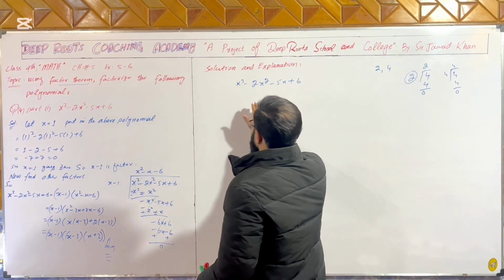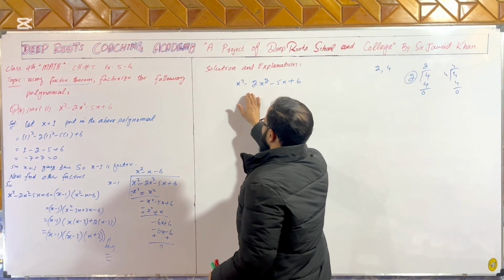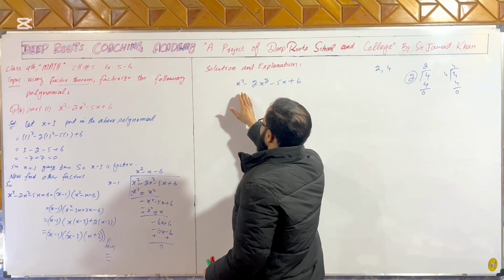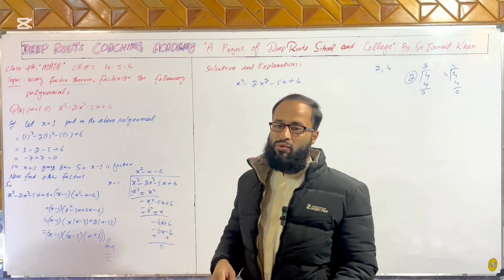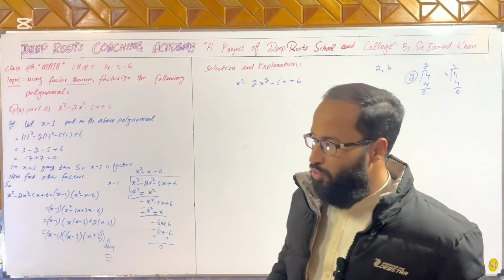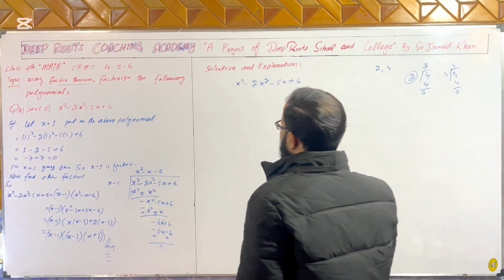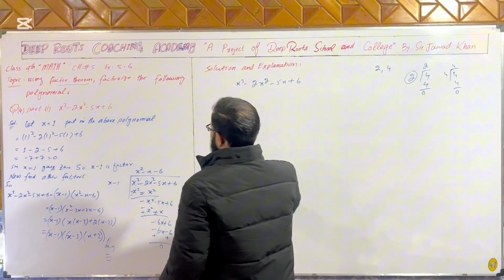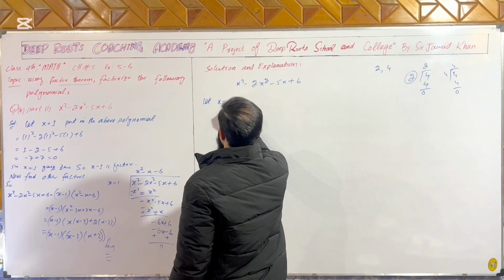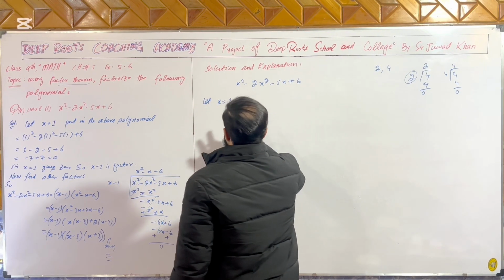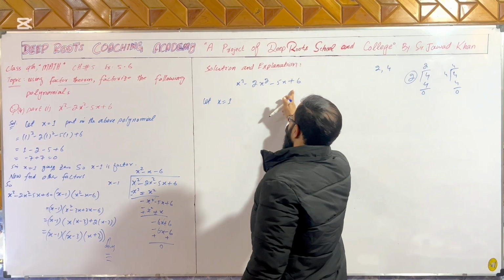Now here, what should be put here instead of x to gain 0? So let x is equal to 1. I'll put x is equal to 1 here.